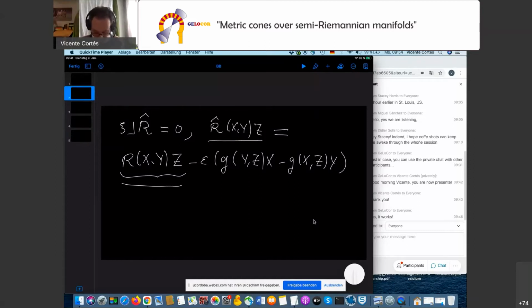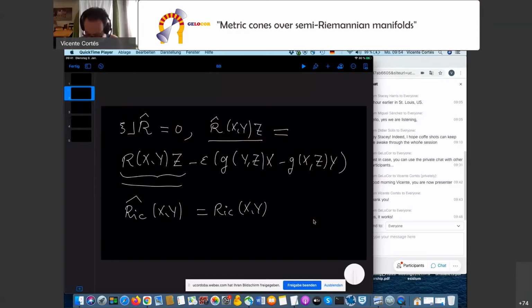And you have also formulas for the Ricci curvature. So Ricci of x y is equal to Ricci of the base manifold, where always x, y, z are vector fields tangent to the manifold M, minus epsilon times n minus 1 times G of x y.